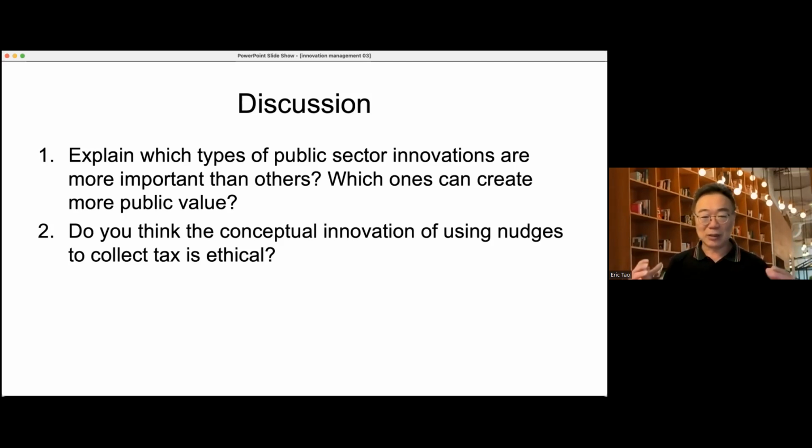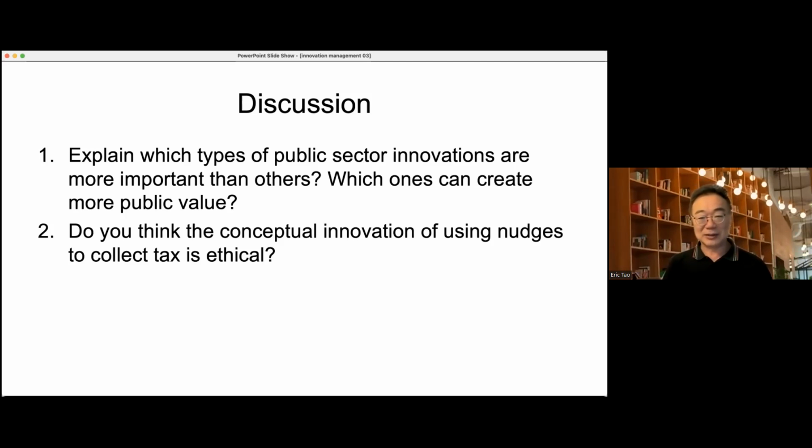Which one creates more public value? This is your judgment call. I don't think there's a right answer, but I do want you to think about it, because government, just like the private sector, has limited time, limited resources, limited money. You have to choose which innovation to pursue, which one creates more public value.